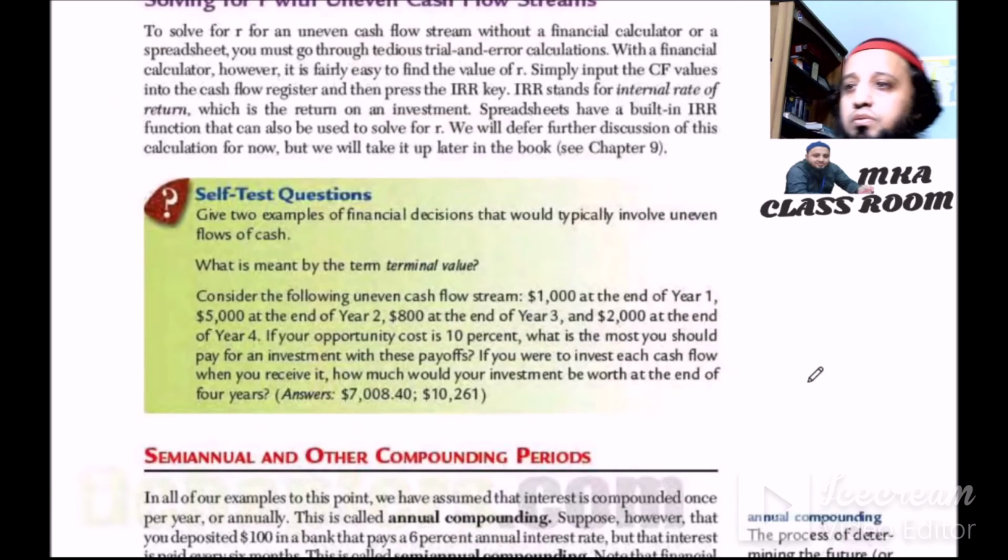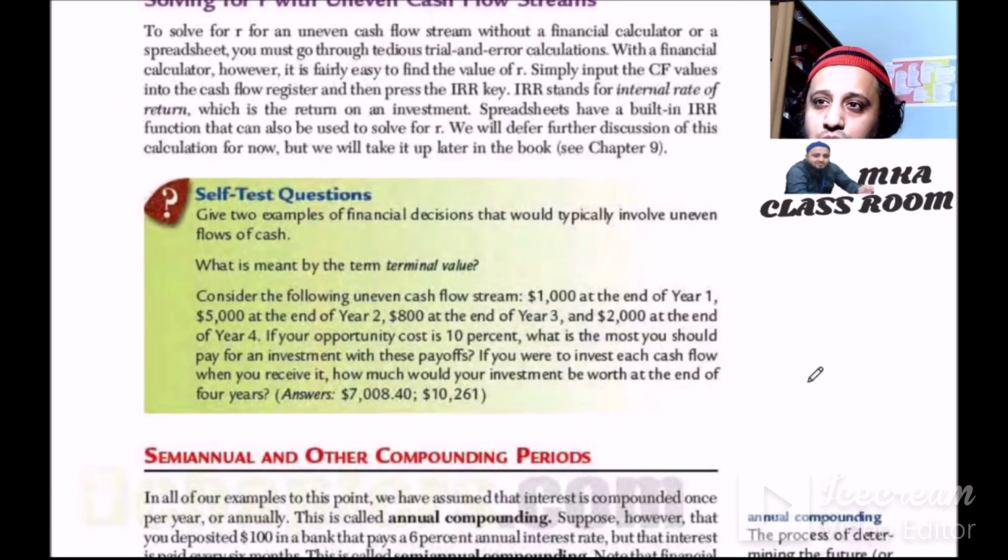Now we will see, consider the following uneven cash flow stream: 1,000 at the end of year 1, 5,000 at the end of year 2, 8,000 at the end of year 3, 2,000 at the end of year 4. If your opportunity cost is 10%, what is the most you should pay for an investment with this payout?